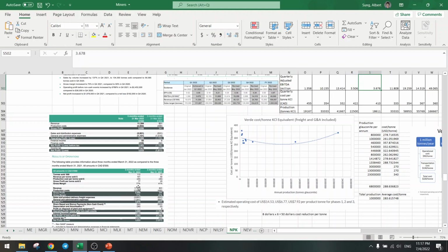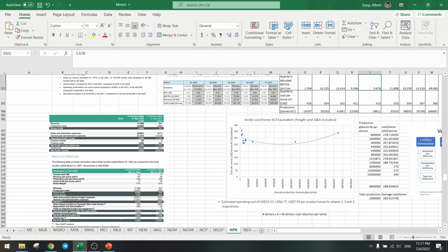So we have the revenue of 11 million, very little production costs, gives us gross profit of 8.6 million, which is 77% margin. We deduct the freight expenses and G&A, and then we get the EBITDA. So this is very close to the net earnings, 3.6 million.